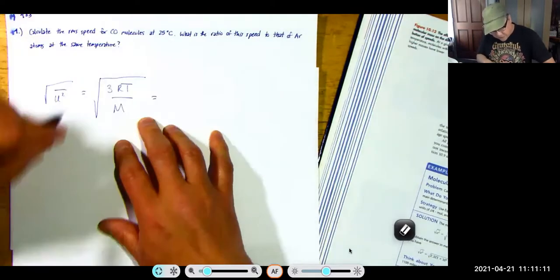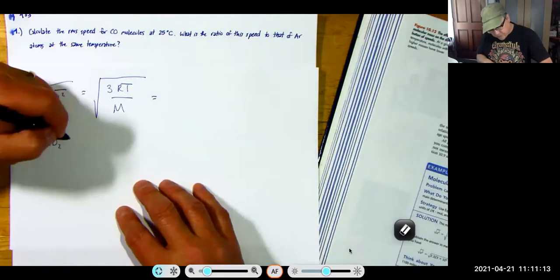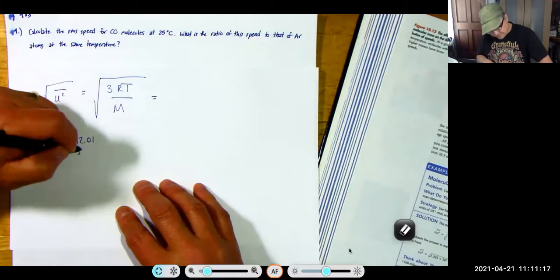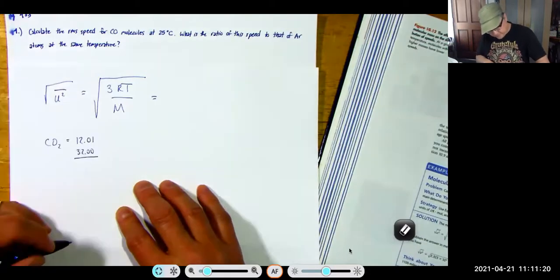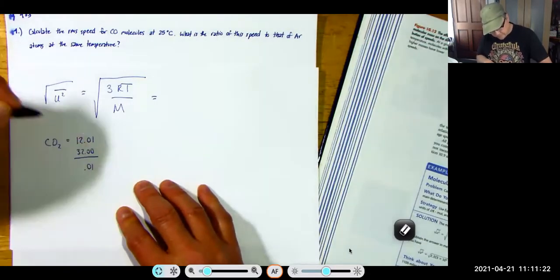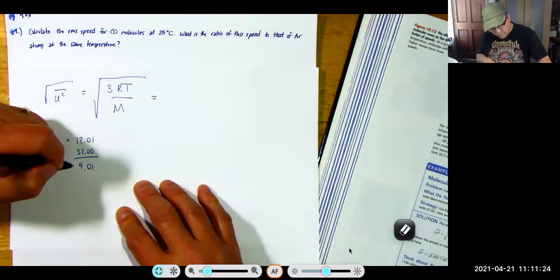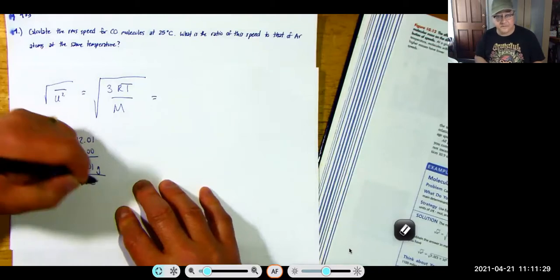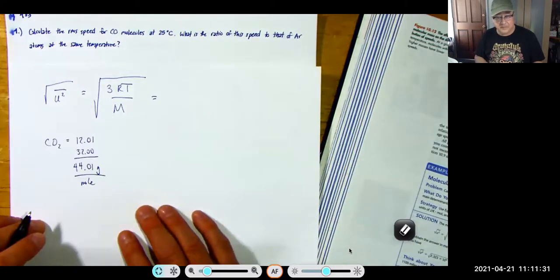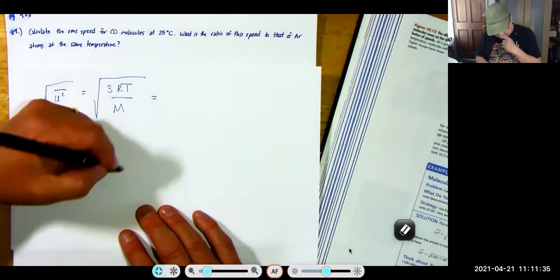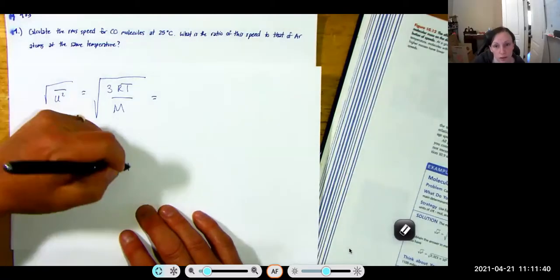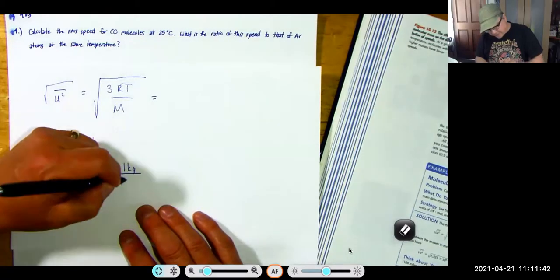So CO2 is going to be 12.01 plus 32, 44.01 grams per mole, right? Yeah. But we want kilograms per mole. So what are we going to multiply by? Um, 1 kilogram over 1 times 10 to the third grams.